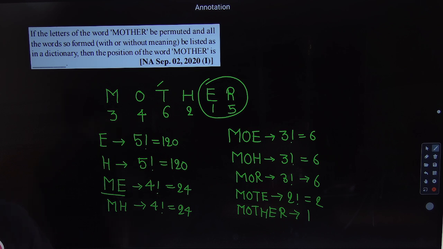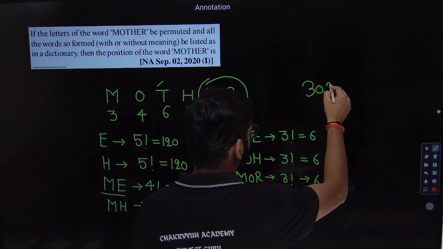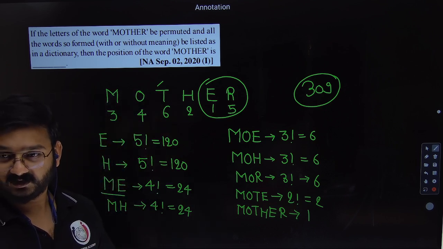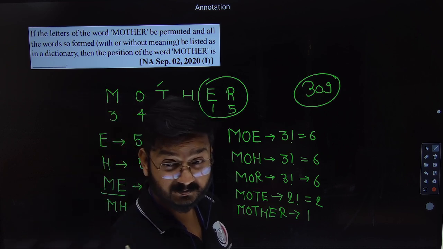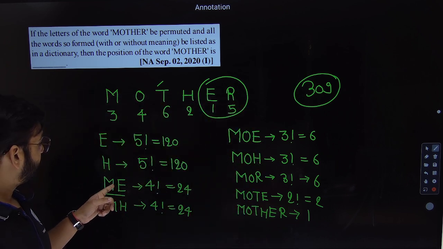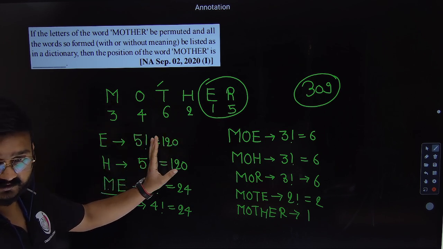Sir, it's 309. 309. Very good. Now see, if you have practiced it enough, you can solve this within 30 seconds. That is the power of practice. Observe. You can see that before reaching to M, I will have two letters, 5, 5, 5 factorial.